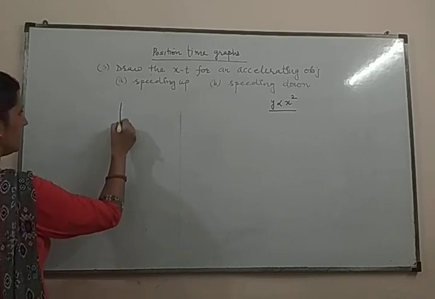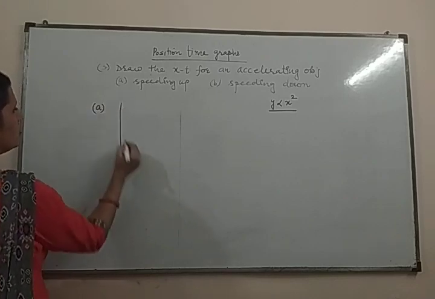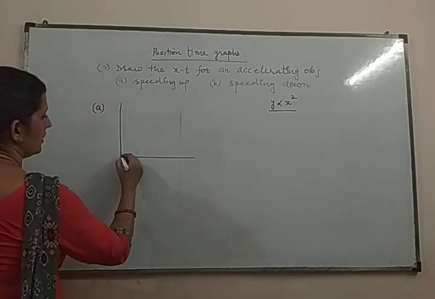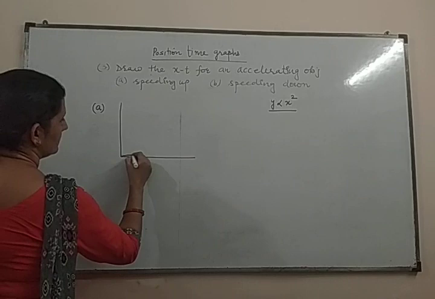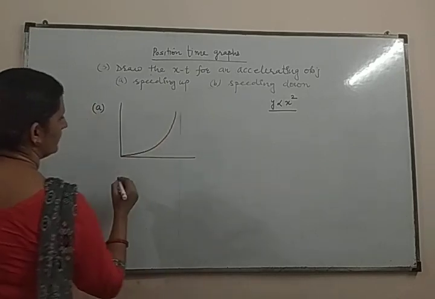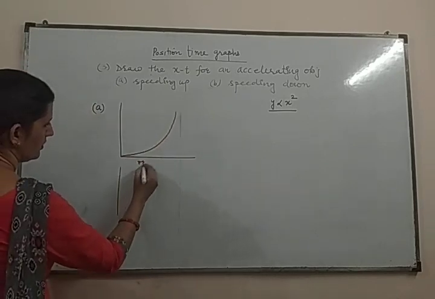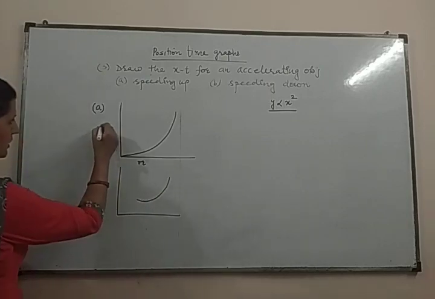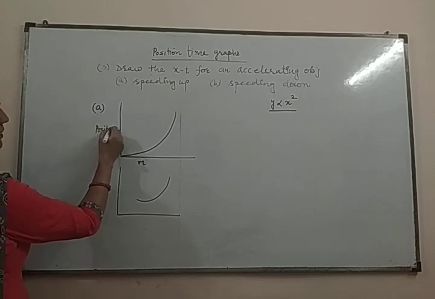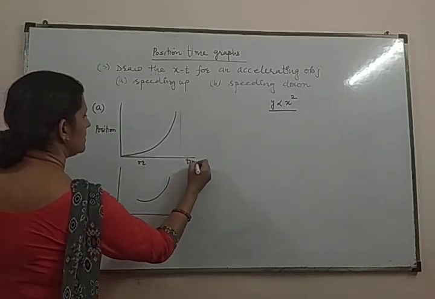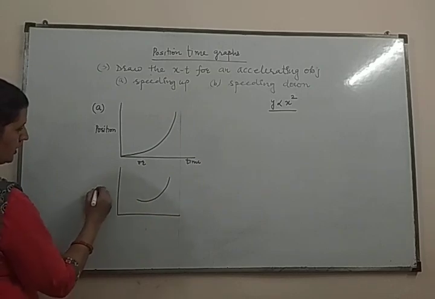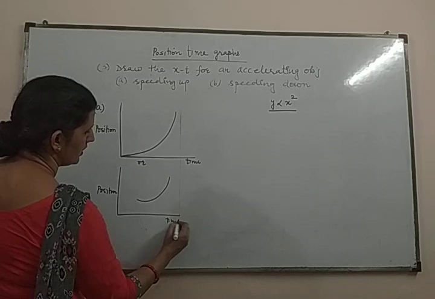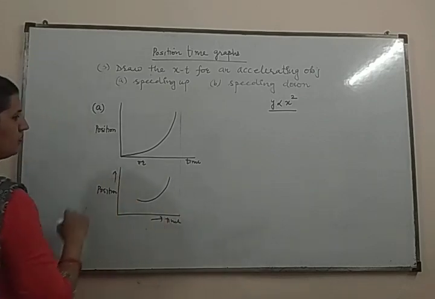So the xt graph for case A, for a speeding up object, is like this, or you can have the graph like this. This is position, this is time, this is an upward parabola. Again, time is on the x-axis and position on the y-axis.